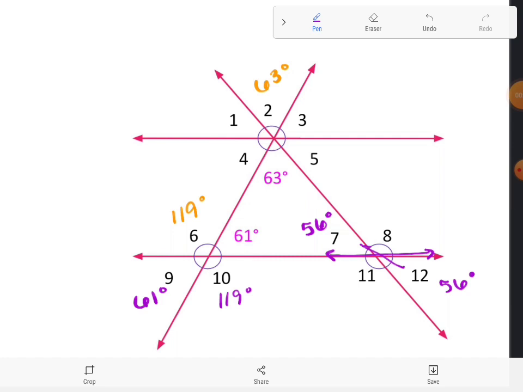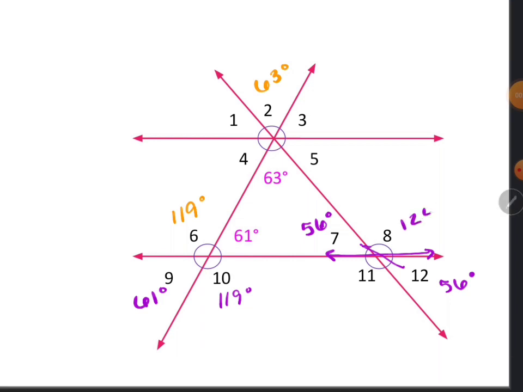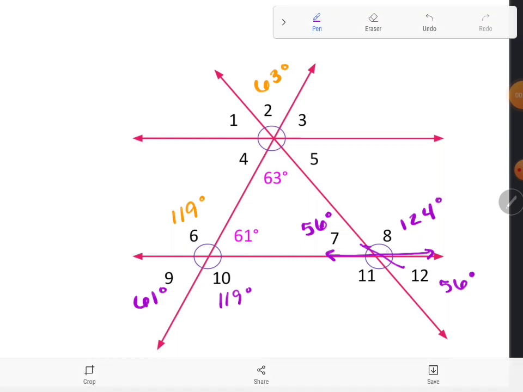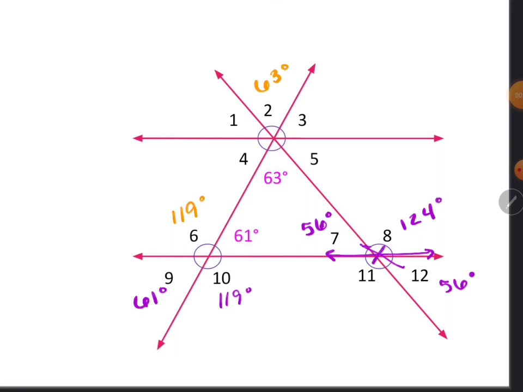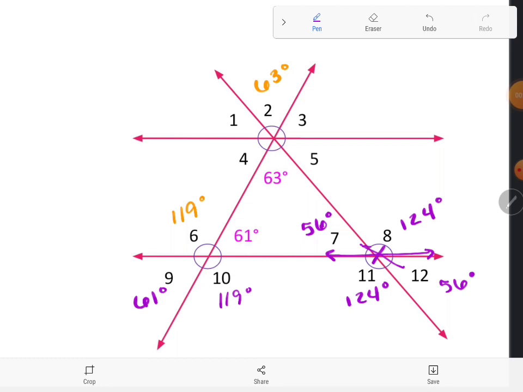We're going to subtract 56 from 180, and we should get 124, which means angle 8 will be 124. Now again, angle 8 and 11 are complementary to each other, so 11 will be 124 degrees. And now we just need to solve for 1, 3, 4, and 5.